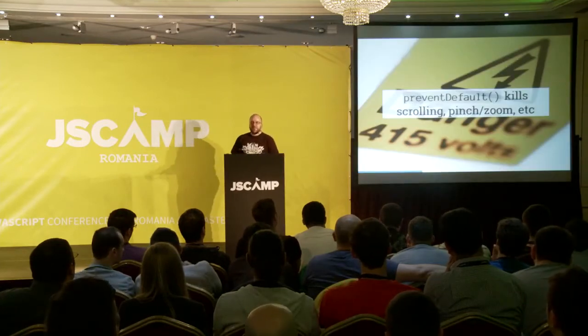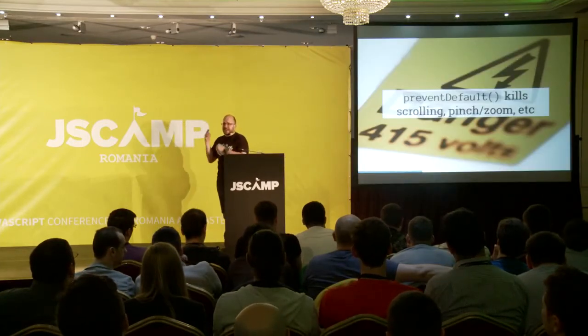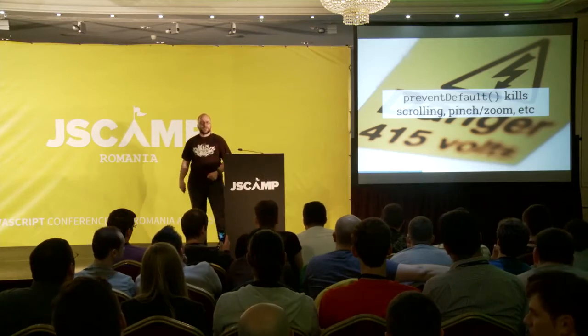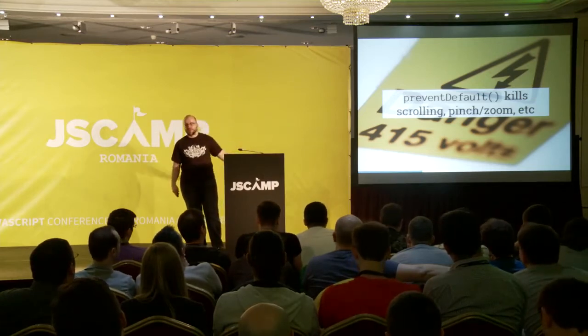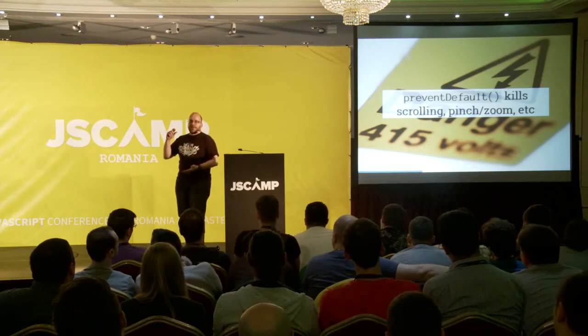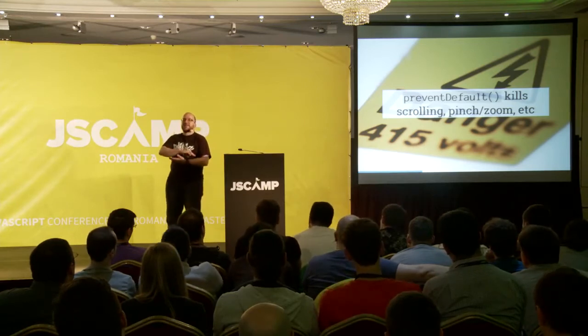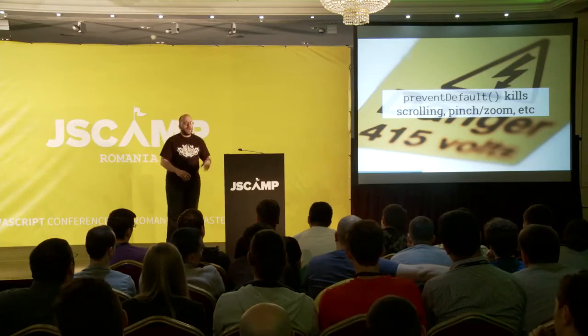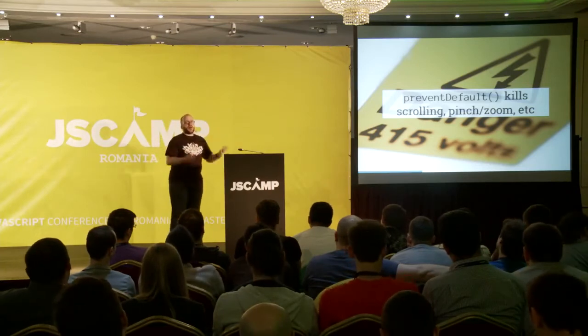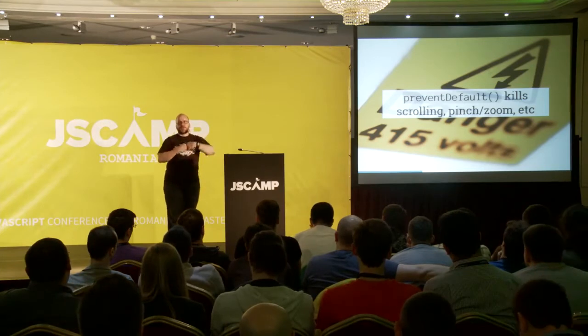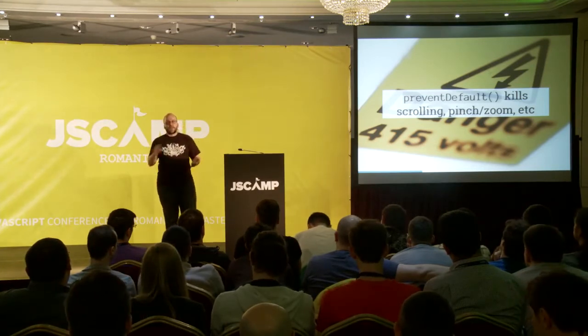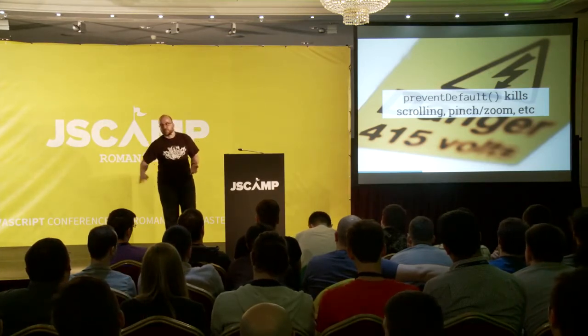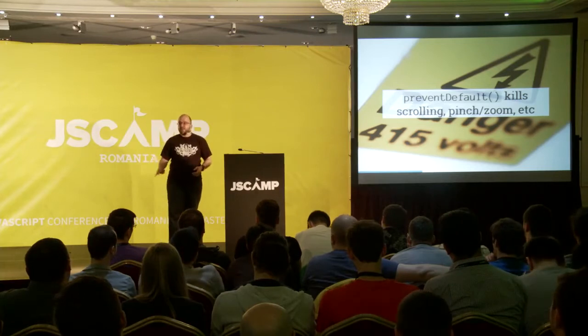Now again, being careful, preventDefault is quite a heavy hammer that you're putting down, because you're not just saying don't fire the mouse compatibility events, you're also effectively saying to the browser, I'm handling everything, which includes scrolling, zooming, etc. So if you just apply that to the entire page and be done with it, all of a sudden you have to completely re-implement zooming, scrolling, etc. yourself, and nobody's got time for that.